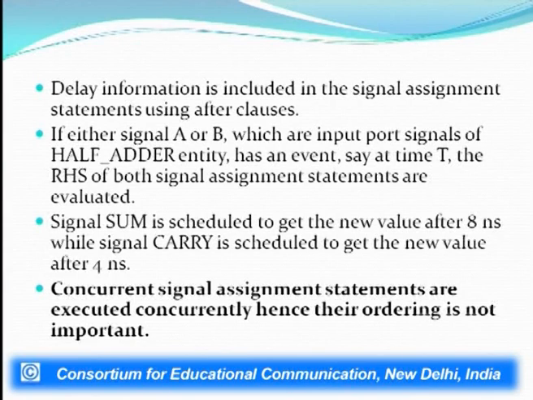As I mentioned earlier, the statement will be executed only if an event occurs, and beginning from that time, the values of the target signals will be assigned. Concurrent signal assignment statements are executed concurrently, and thus again their ordering is not important. This totally contrasts with the behavioral type of programming, which we will see as we move forward.